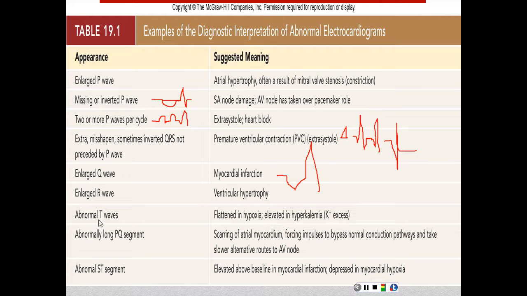Then if we have an abnormal T wave, which is just supposed to be a little hill, a little mound, then we know it's flattened out, hypoxia, or elevated with an excess of potassium ions. Each of those structures there means something, okay?